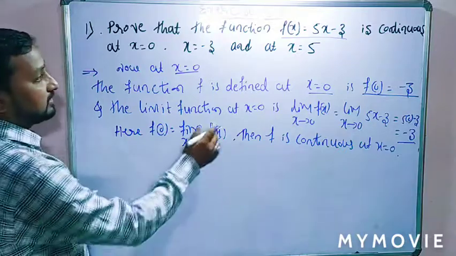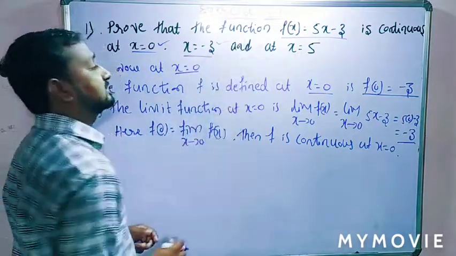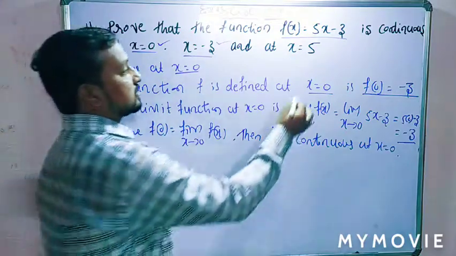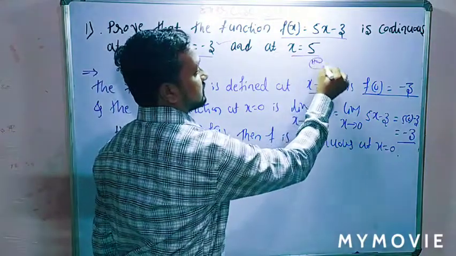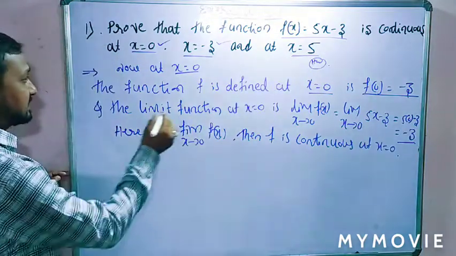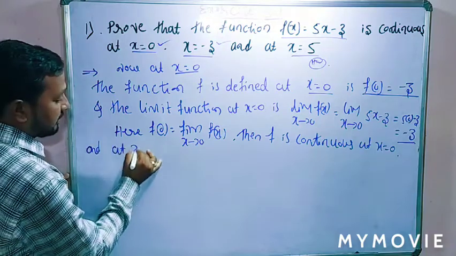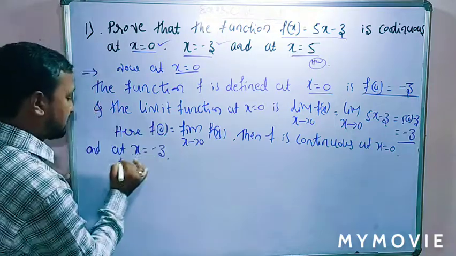So x equal to 0 is over, and now x equal to minus 3. Then x equal to 5 is your work. Here it is the same procedure.